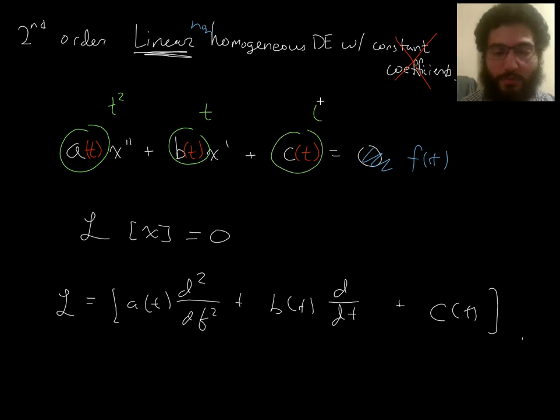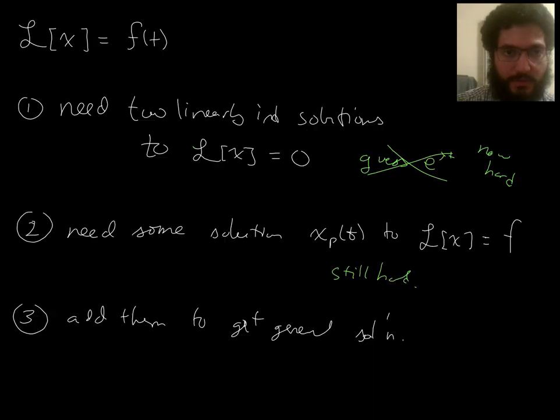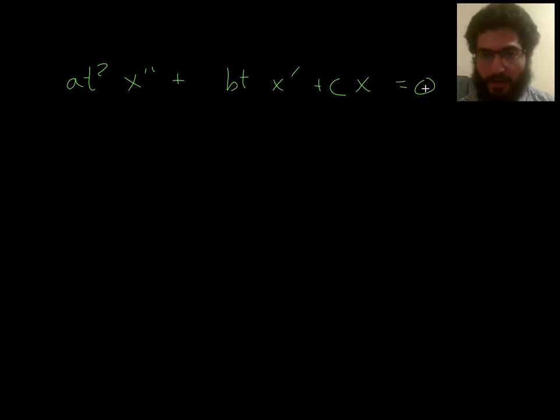So only these two coefficients are non-constant. This is the type of differential equation I'll look at: a t squared times x prime prime plus b t times x prime plus c x equals 0. I'll start there, and then maybe we can also put not 0 here.